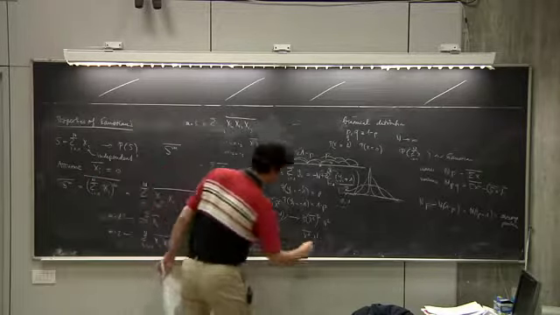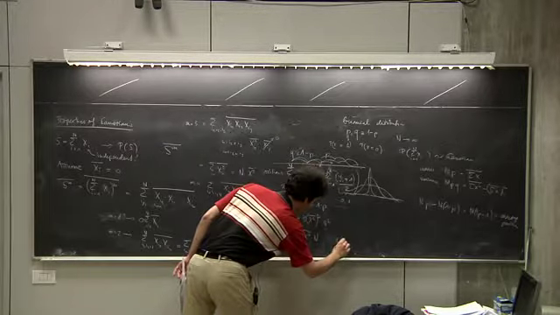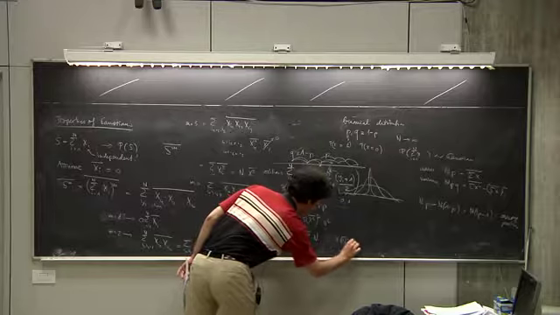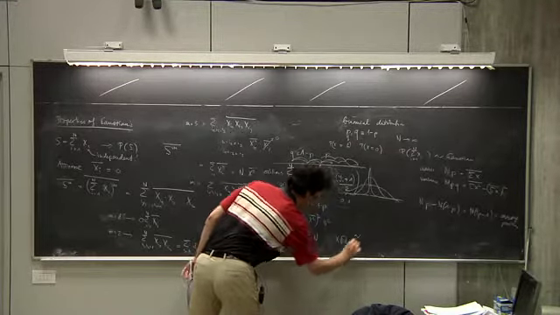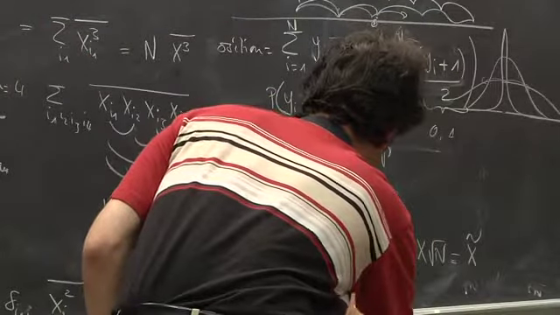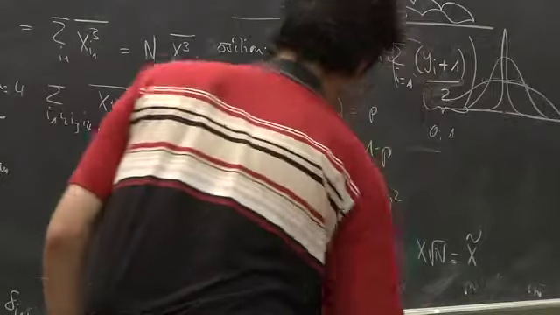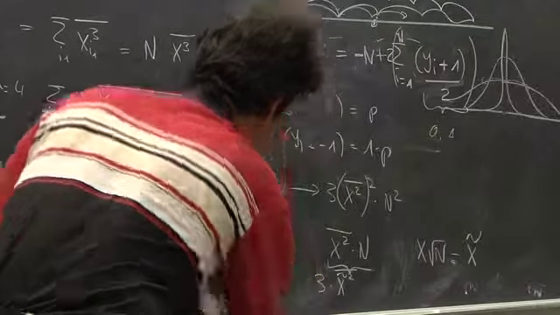So if you redefine your variable as, say, let's call that x tilde, then this will be 3 times x tilde squared average, right? And this will be 1 times x tilde squared average.